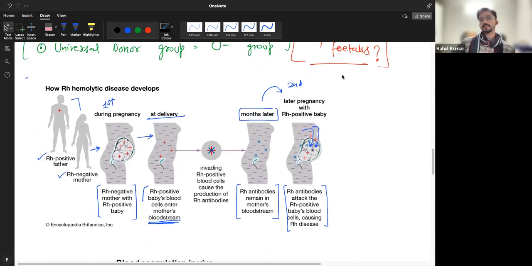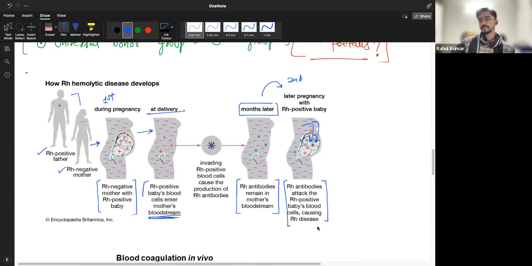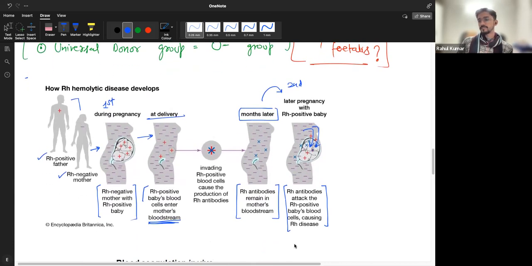Is erythroblastosis fetalis clear? This happens because of Rh antibodies. Now this can be avoided. Can you tell me how it can be avoided?